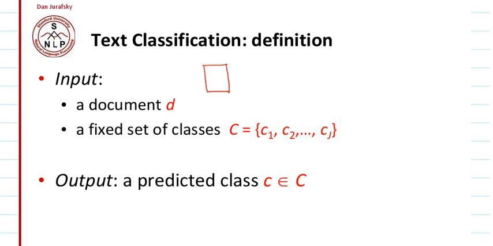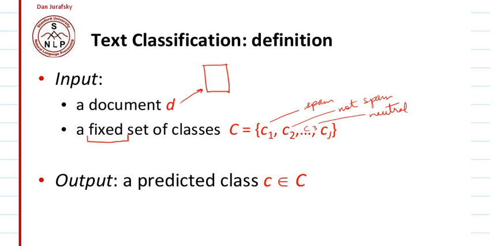Suppose we are doing spam detection, so we have this particular set of classes: class C1 may be spam, class C2 is not spam, and then class C3 may be neutral. There can be a different number of classes, but we have a fixed set of classes. We cannot change the number of classes.